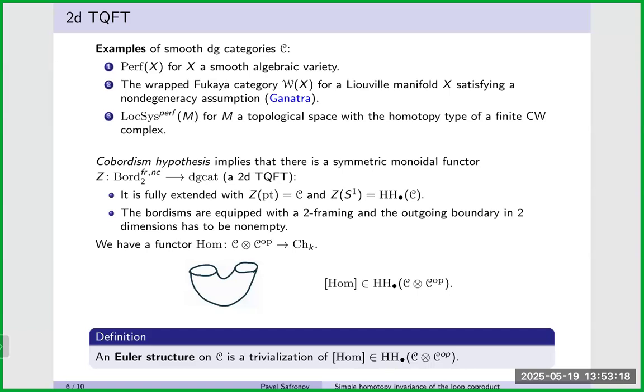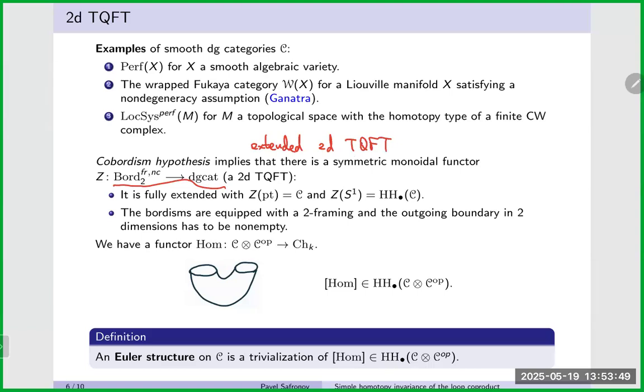For me, these topological quantum field theories will be some symmetric monoidal functor from the category of cobordisms to some target, some symmetric monoidal category as the target. I'll be looking at extended two-dimensional TQFTs.